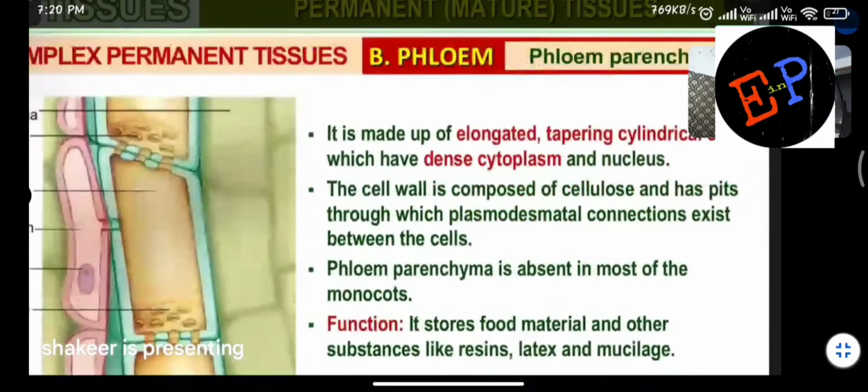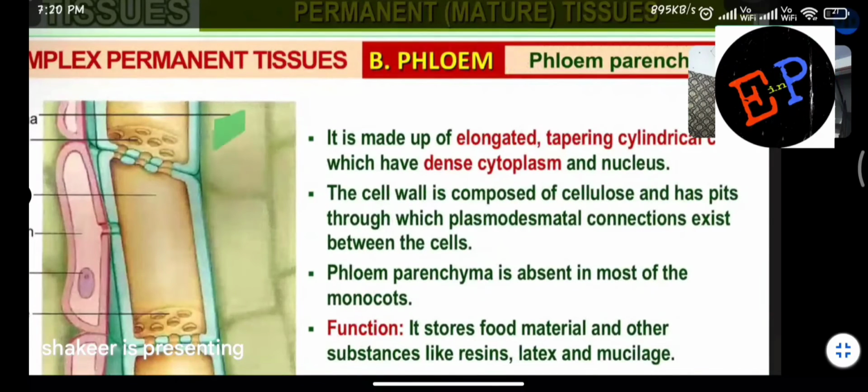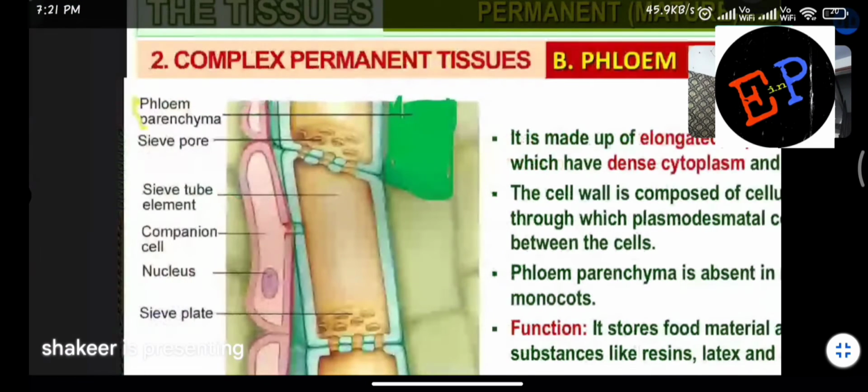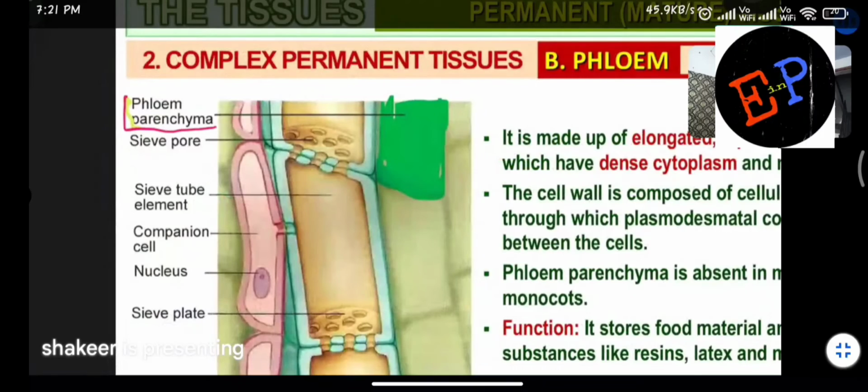Clear? Next, phloem parenchyma. This whole cell is called a phloem parenchymatous cell. It is made up of elongated tapering cylindrical cells which have dense cytoplasm and nucleus. What is the nature of these parenchymatous cells? In the figure you can see this is called phloem parenchyma.